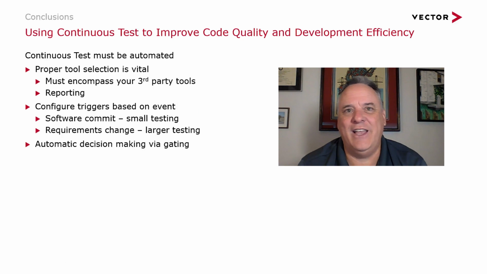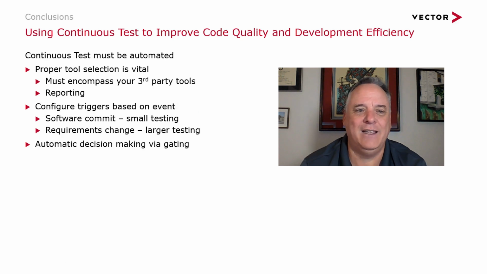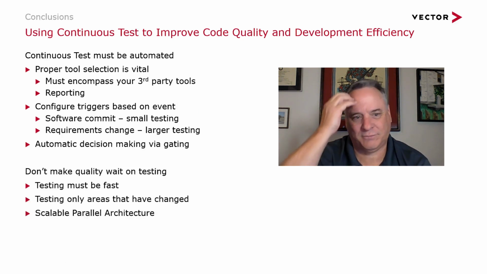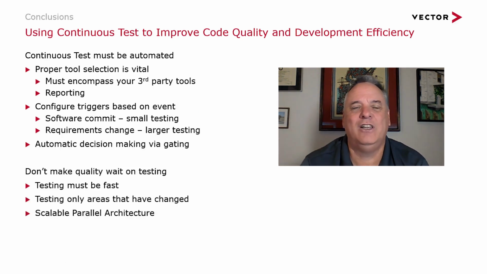And in the end, the automatic decision making via gating, quality gating, test gating, KPI gating is essential. And again, last part, don't make quality wait on testing. Testing must be fast. Test only the areas that have changed. And if you can have a scalable parallel architecture, that's going to be the best thing long term for getting the increased efficiencies that you're looking for.